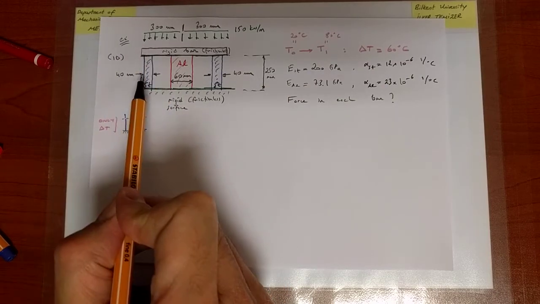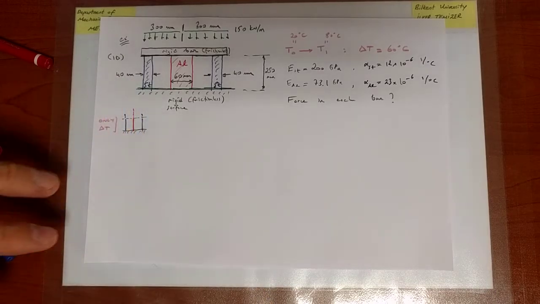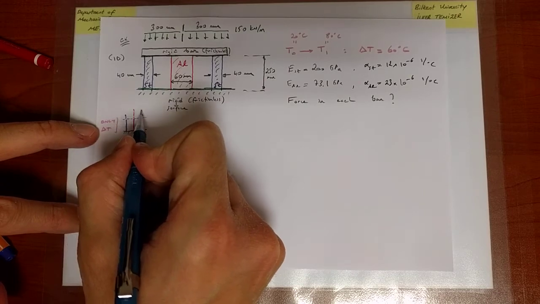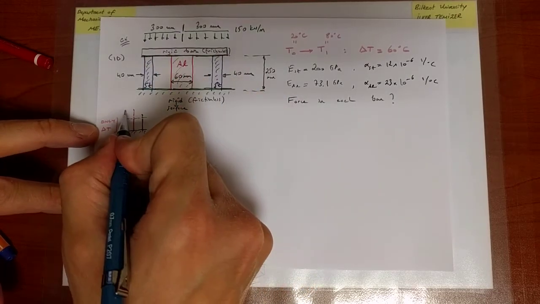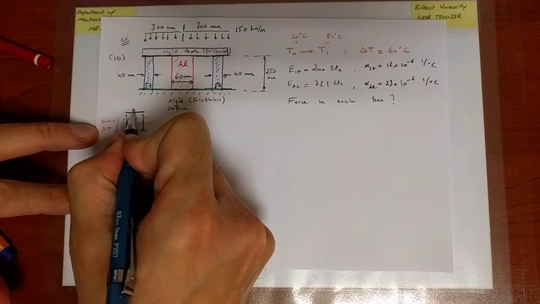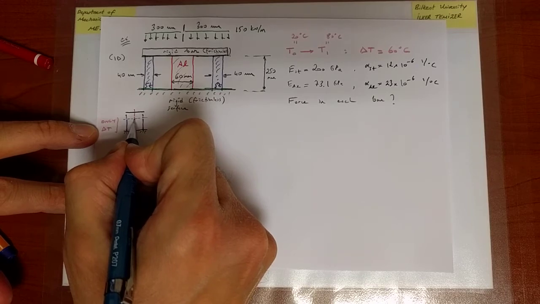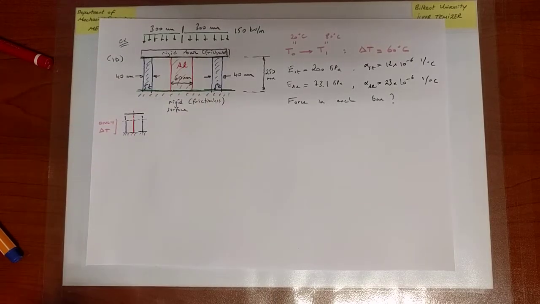So now I put the rigid bar back there, and what the rigid bar tries to do is bring everything to the same level because it needs to remain straight and it's rigid, and therefore the rigid bar is going to go somewhere in between. So it's going to push on the red and pull on the blue to make them come to the same level.